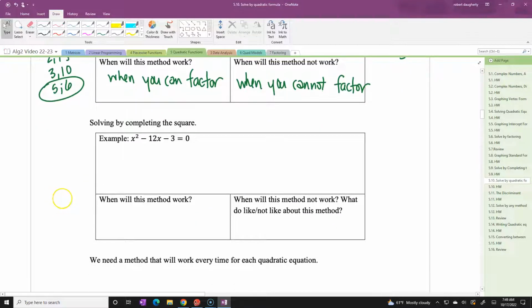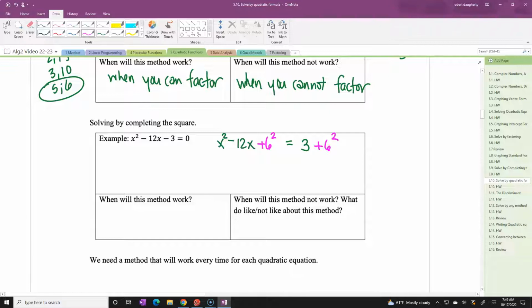The next one we did was solve by completing the square. So for example here, the method here was to say x squared minus 12x equals 3. And what you want to do is to make this a perfect square, half of 12 is 6. So if I add 6 squared to both sides of this equation, then I've created a perfect square.